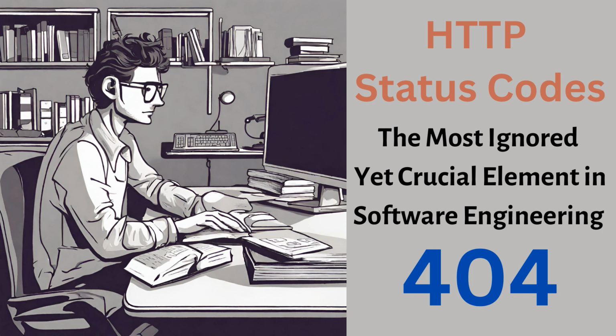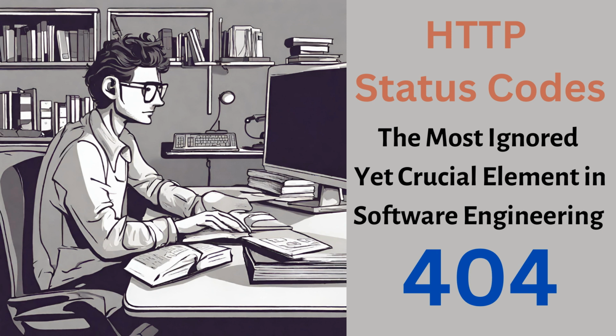Now if the HTTP status codes are in the line of 400, 4xx, that means client errors. If it is 400, that means bad request, the server cannot understand the request due to malformed syntax. And if it is 401, you all know it, right? Unauthorized, the request requires user authentication.